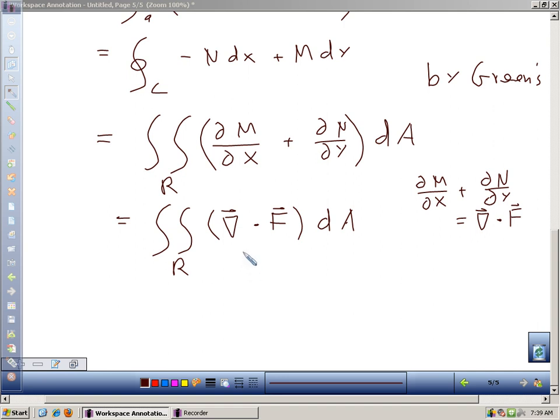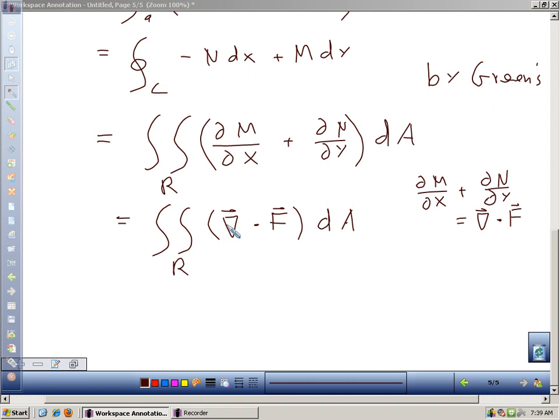So what this is telling us is that if we sum the normal components on the boundary of our region, that is equal to the divergence of the field inside the region. The divergence is telling us something about the field flowing outward from our region.